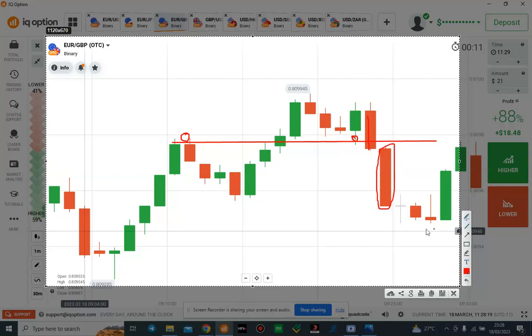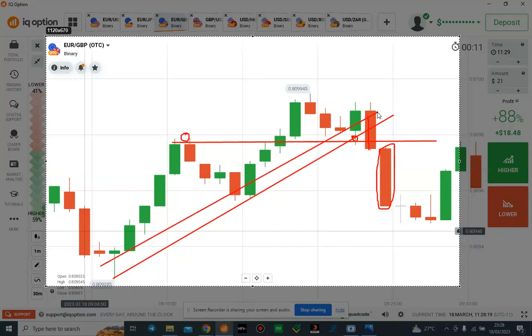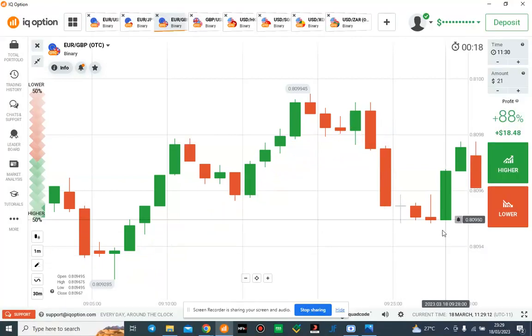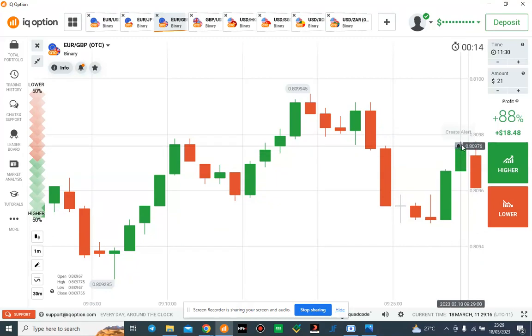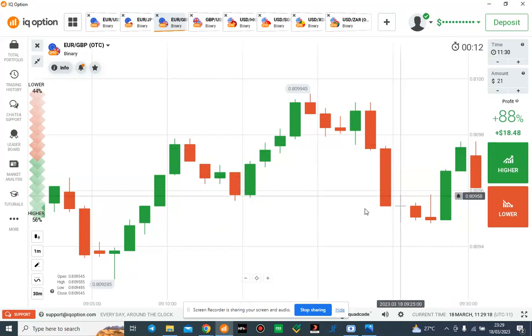Again, if you draw a trend line, something like this, we see that the sellers have already broken the trend line. These sellers have already violated the trend line. That is why there wasn't any reversal, so we have some sellers movement. Then after the market has broken the trend line, we see a pullback, then we have some sellers movement.